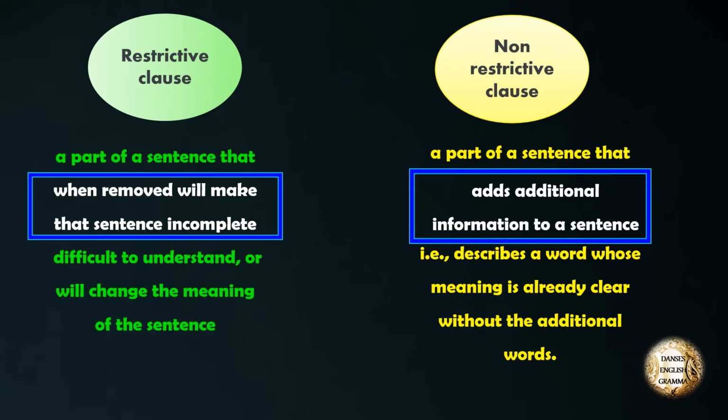The difference between a restrictive and a non-restrictive clause is, if it is a restrictive clause and you remove it from a sentence, the meaning of the sentence is not complete or it will change. At the same time, a non-restrictive clause is a part of a sentence which adds additional information to that sentence.